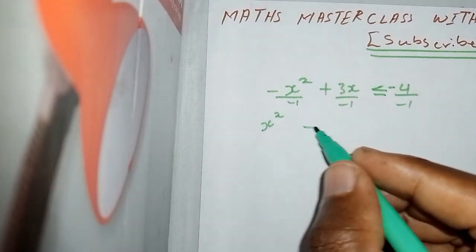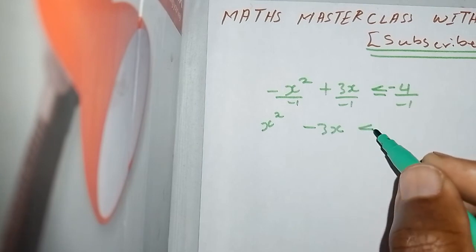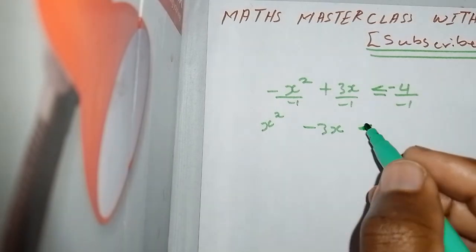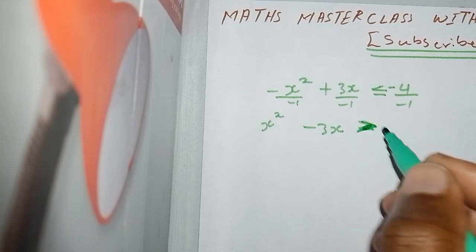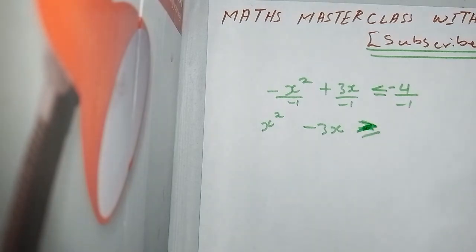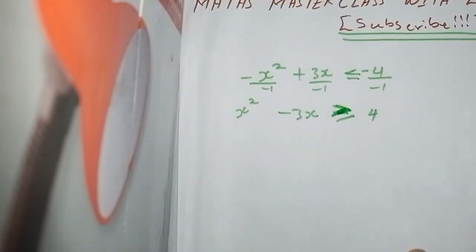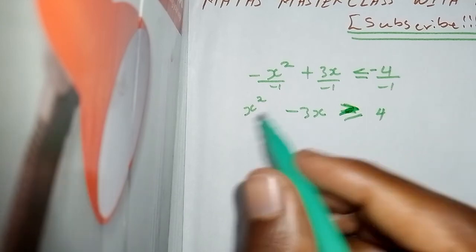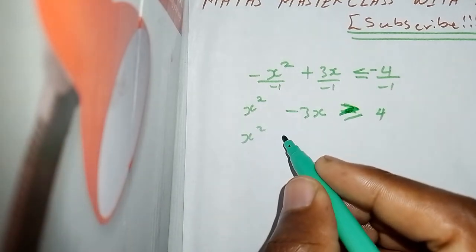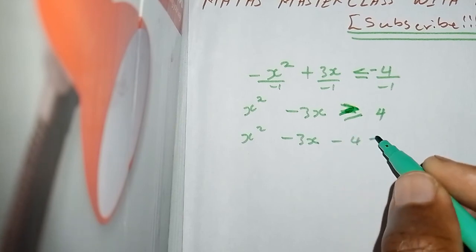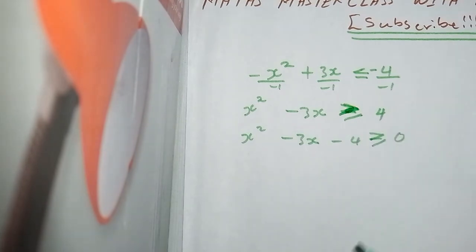I'm gonna have x squared minus 3x, which is less than, okay, now very important, you divide by a negative sign, your inequality sign will change to be the opposite of what you had, right? Then I'm going to have x squared minus 3x, take this to the other side, minus 4. This is greater than or equal to 0, right?